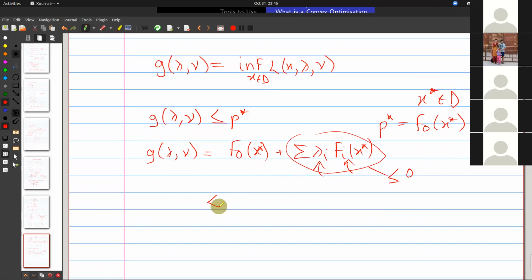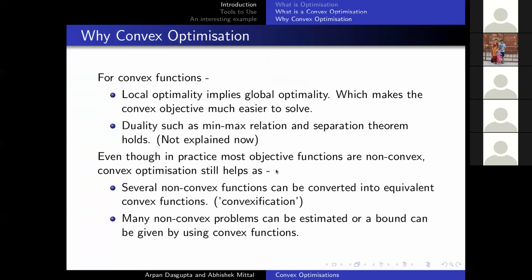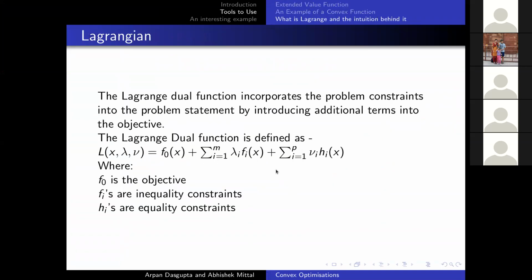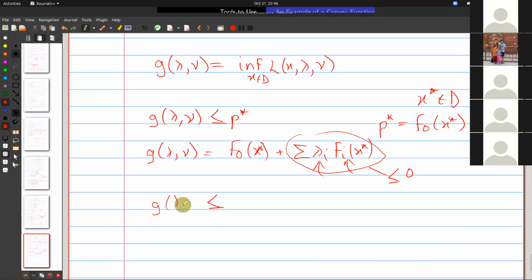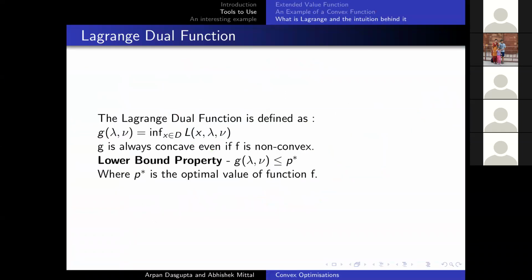Which means that our Lagrangian dual function is always less than or equal to f naught of x star, which is our optimal value p star. So this is the proof for the lower bound property. We will use these tools for a solution to a problem which Abhishek will discuss now.